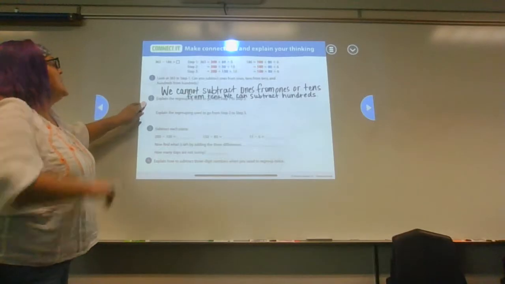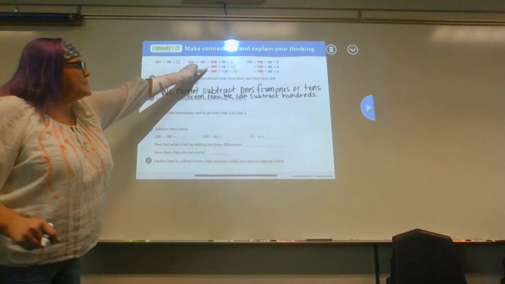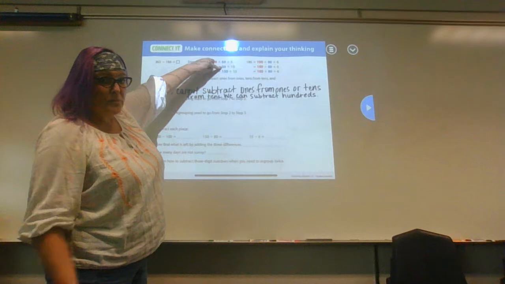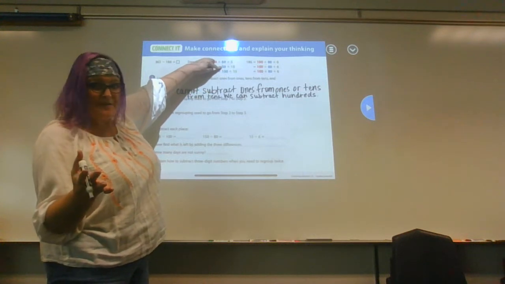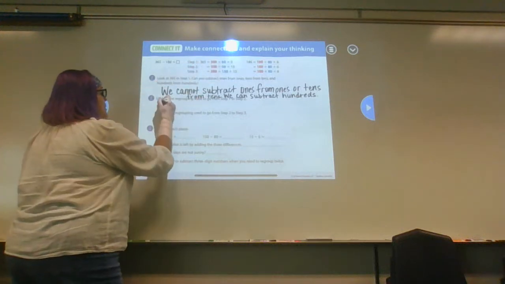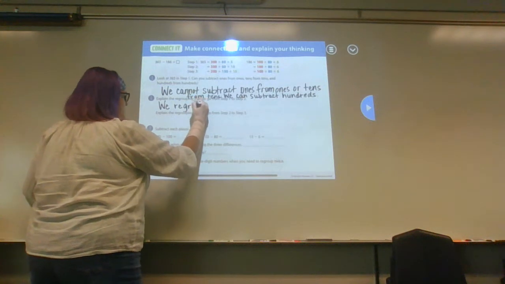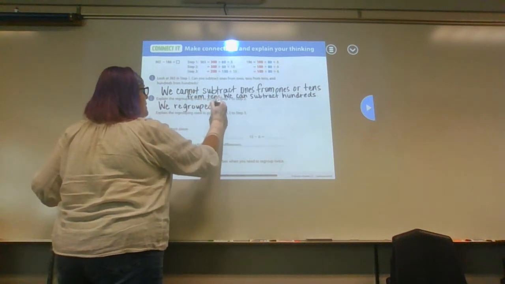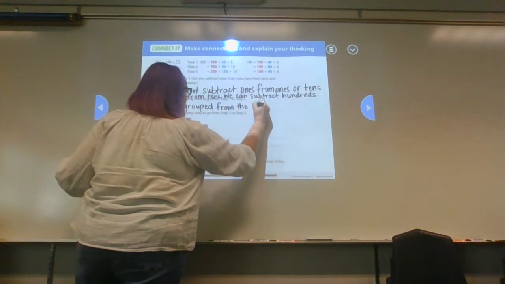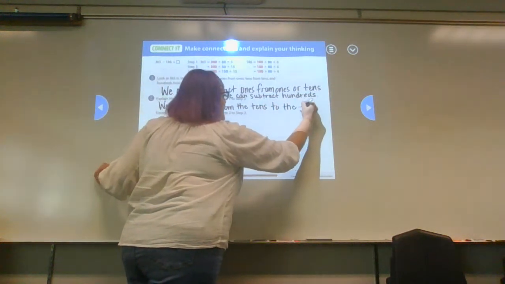Number 2, explain the regrouping used from step 1 to step 2. The number that changed was the ones. So to explain that, we use words, not numbers. Explain means use your words. So we regrouped, awesome use of the language, from the tens to the ones.